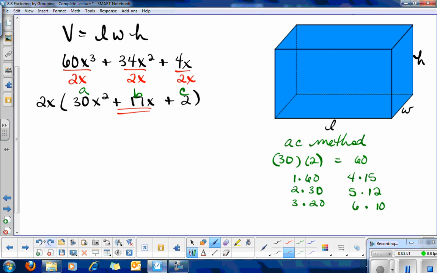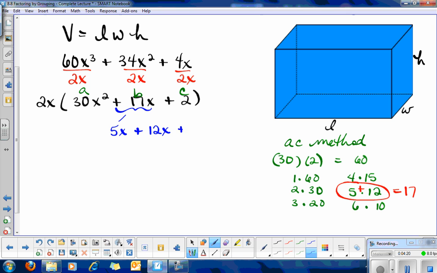Okay, well, let's see here. 5 plus 12, there, that equals 17. So this is going to be a 5x and a 12x. Okay, so let's rewrite the 17x as 5x plus 12x.